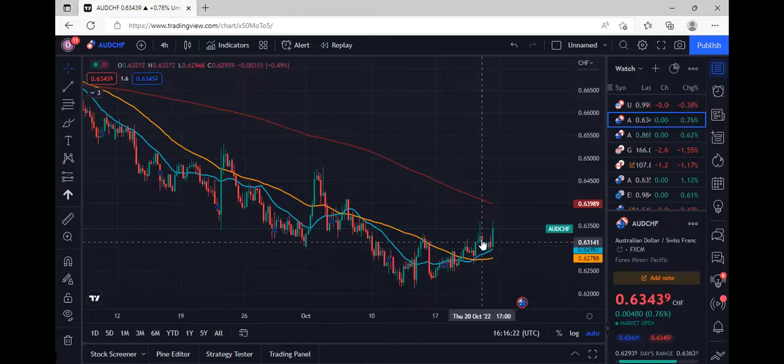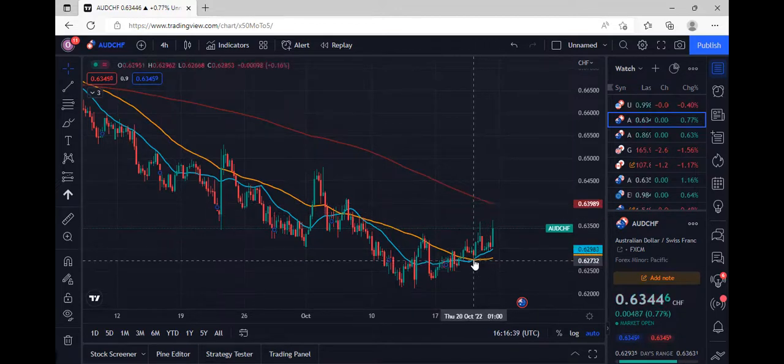It is now time for you to buy the market until you reach this particular 200 moving average, which is our take profit area on our pair right here. So once you saw this cross, enter the market.